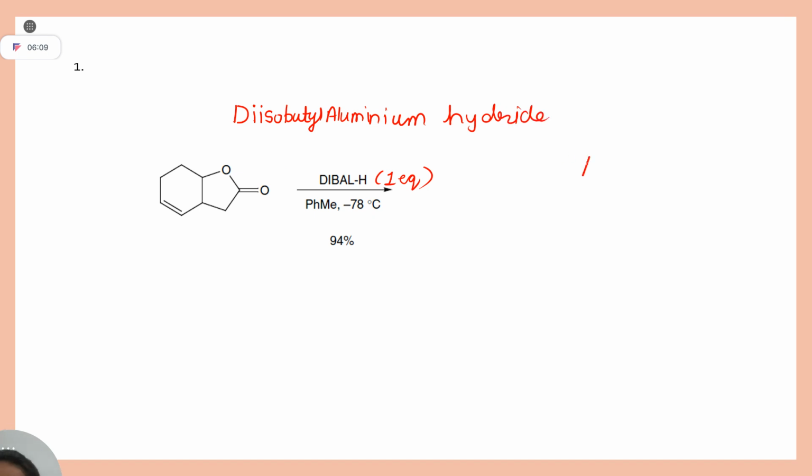If you draw its structure, it is aluminium with 1, 2, 3, 4, right? And 1 is hydride. But this compound, students, doesn't remain in this form, it exists in its dimer form, right?